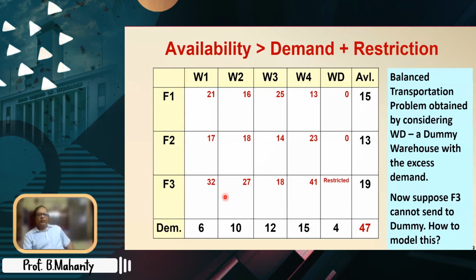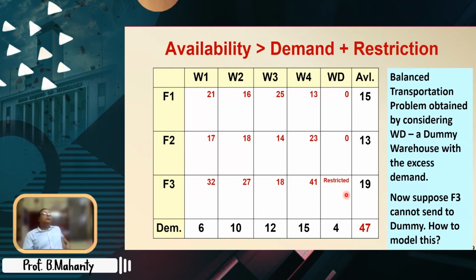So let's look at this particular problem where all the values are the same, and this is the same problem that we have solved just now with an additional constraint that F3 cannot send to dummy. That means F3 material must be utilized by one of the real warehouses. Because F3 material is good and it cannot be wasted, right? So that means F3 cannot send to dummy.